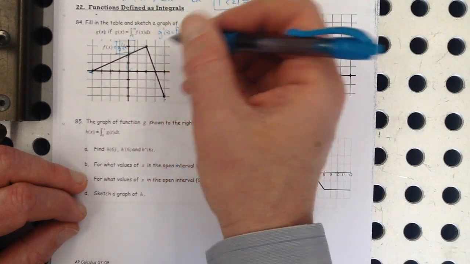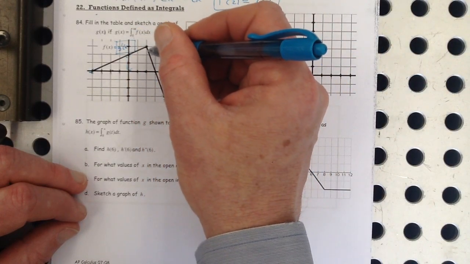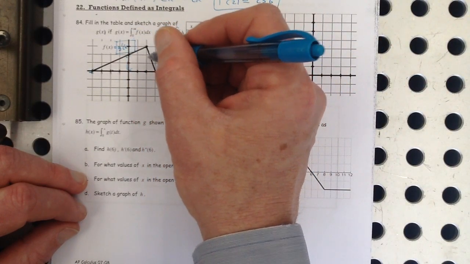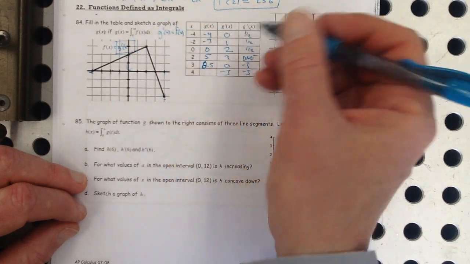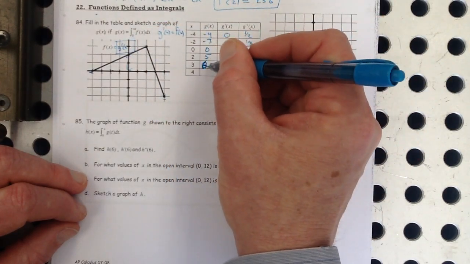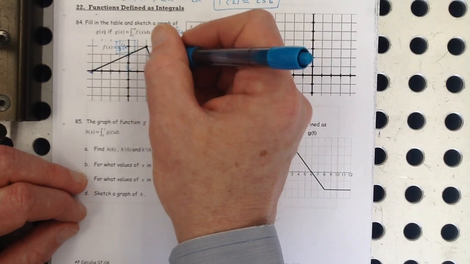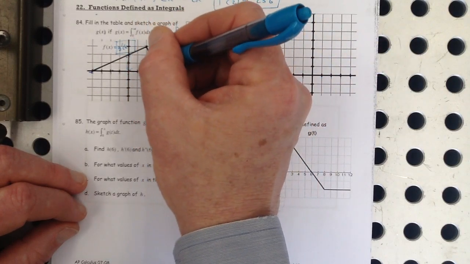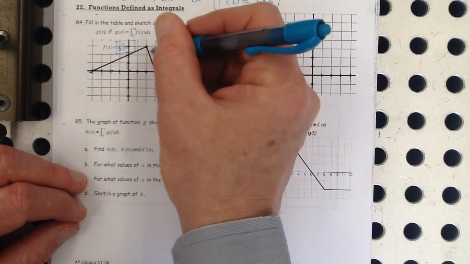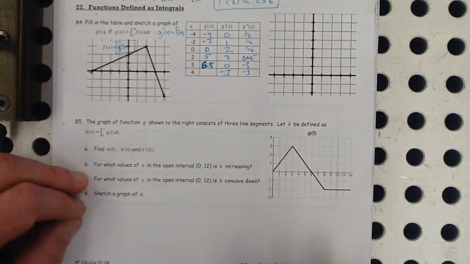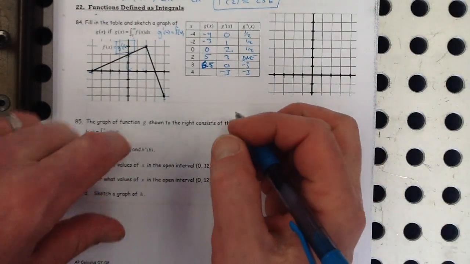I'm just counting blocks here. Imagining that piece I could take and put here, and then that's half a block, so whatever I had there plus another block and a half. Yeah, 6.5. You could do a trapezoid plus a triangle. You could do a rectangle, it's actually a square, with a triangle on top and then another triangle on the side. There's lots of ways you can geometry your way through that.